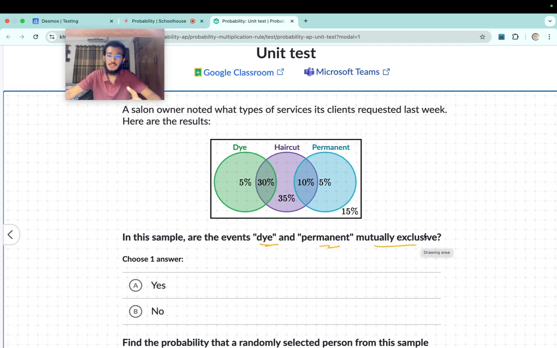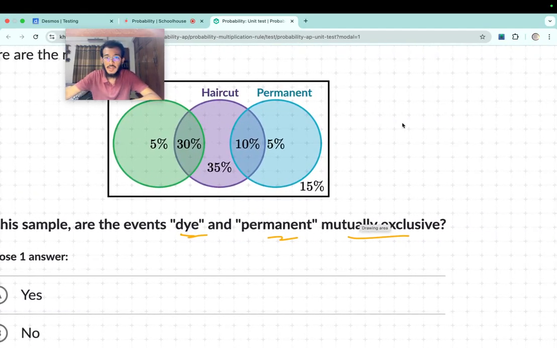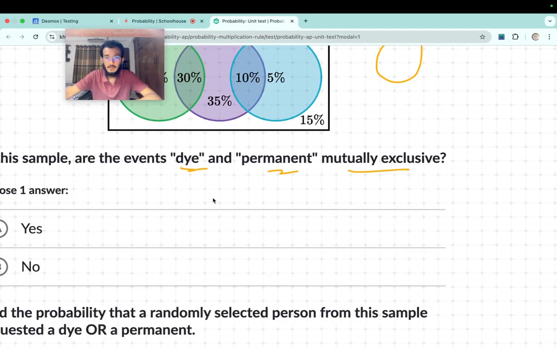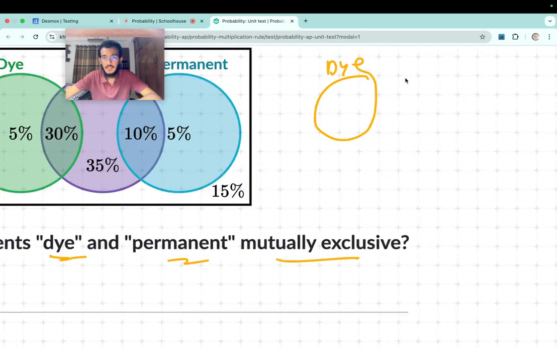Mutually exclusive refers to the situation where if you have one, you cannot have the other. Which means if you have dye, you cannot have permanent. This is in accordance with the Venn diagram. It shows that there isn't any intersection between the dye circle and the permanent circle.